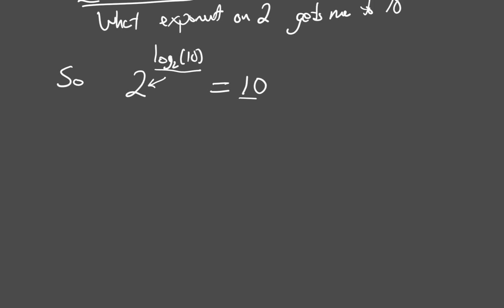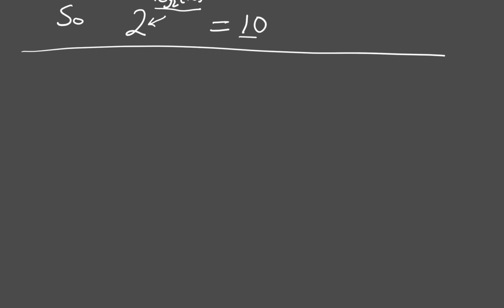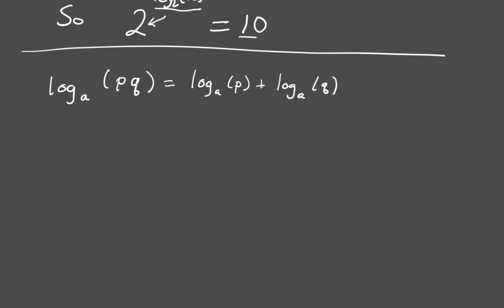Okay, and because these are exponents, we get to treat them like exponents when we do exponent rules. So if I have log base a of p times q, I want to know what exponent I have to put on a to get to the product pq. Well, because of exponent rules, if I take the exponent I would put on a to get to p, and add it to the exponent I would have to put on a to get to q, that comes from multiplying values.